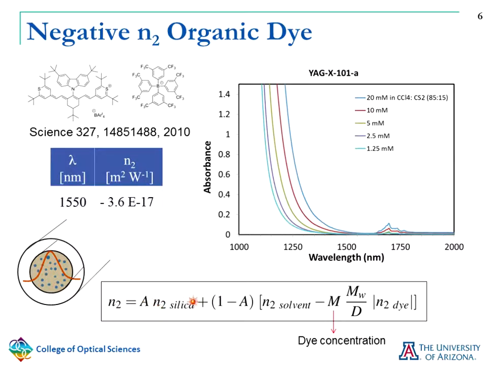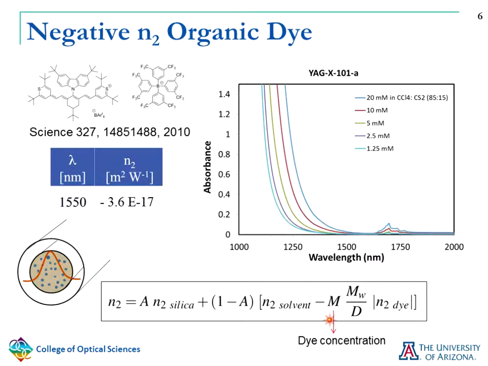It is dependent upon the N2 of the silica cladding, because some parts of the pulse penetrate through the cladding. So it is also dependent on the N2 of the solvent and the N2 of the dye as well, and of course the concentration of the dye.